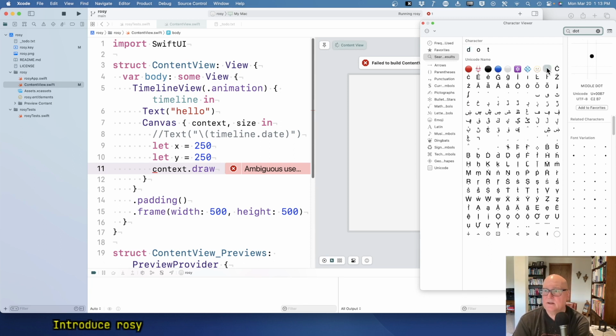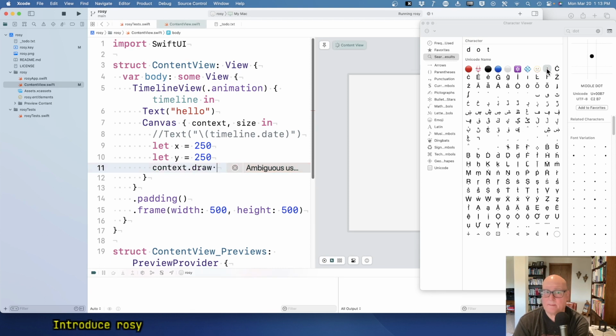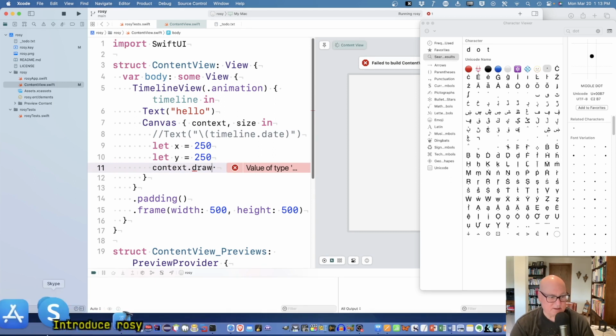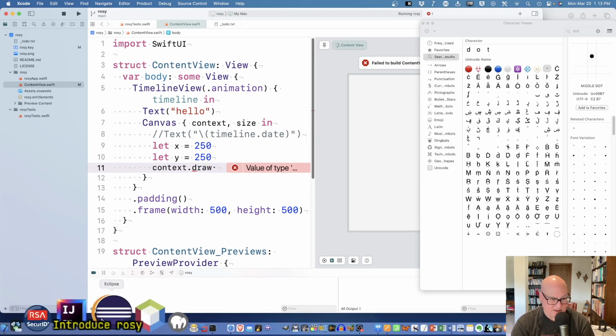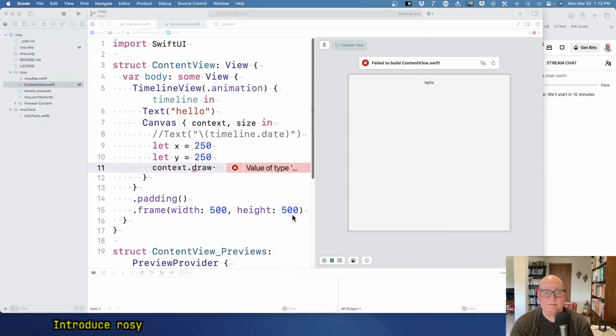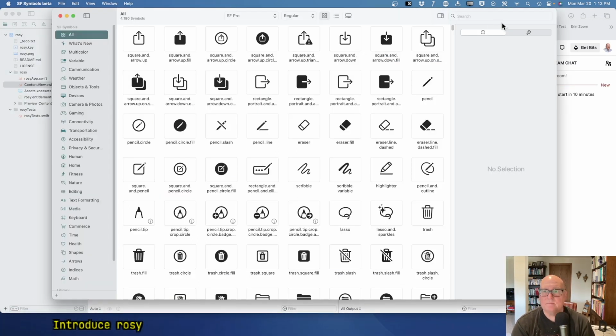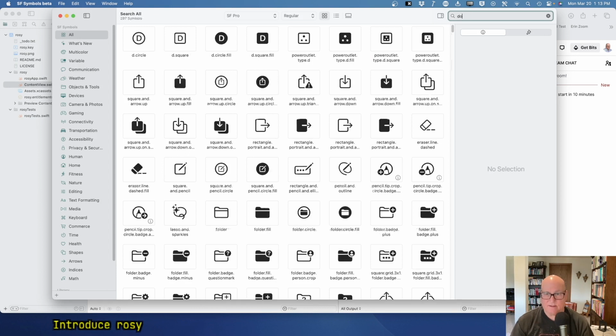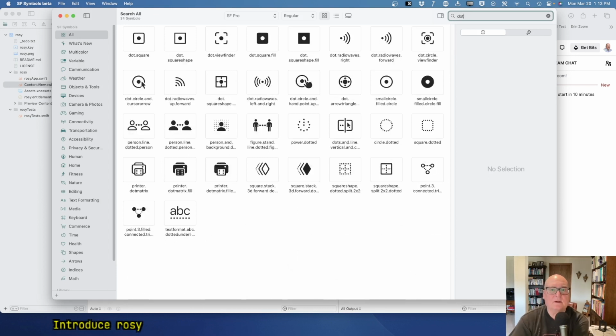Okay. I guess I'm looking in the wrong place. It takes an image. The easiest way to get that is from this San Francisco symbols thing. Now, I don't know what he has. Dot square. You'd think a simple little dot would be just fine.